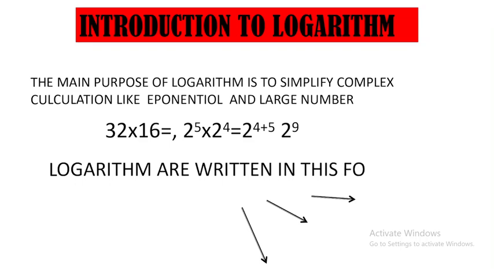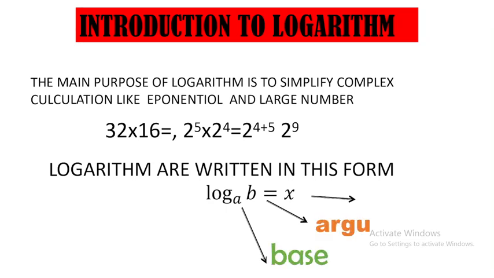As you see here, we have log b in base a, which will be equal to x, where a is the base, b is the argument, and x is the power of this b.